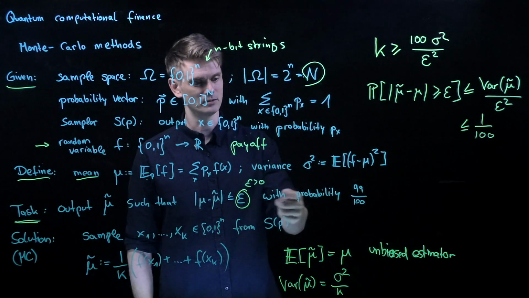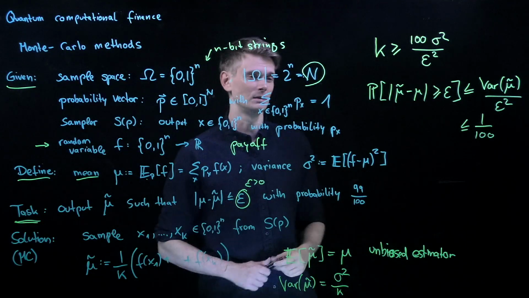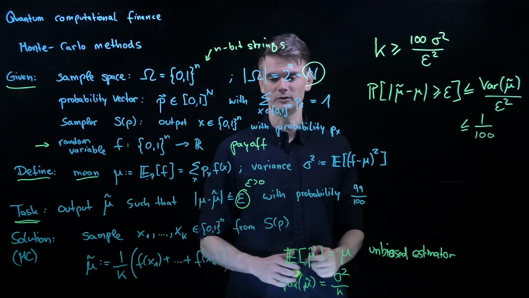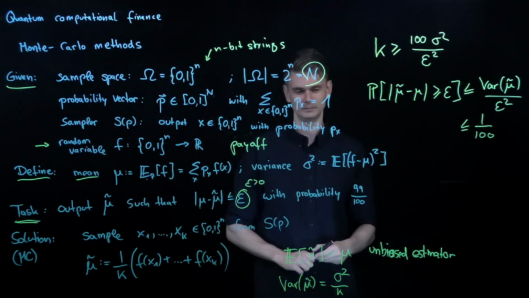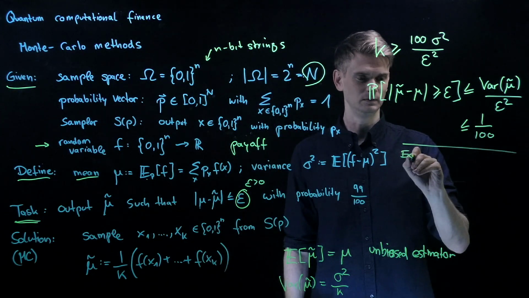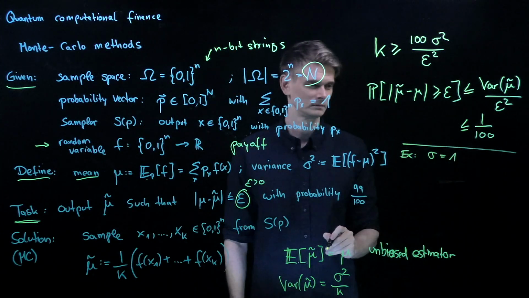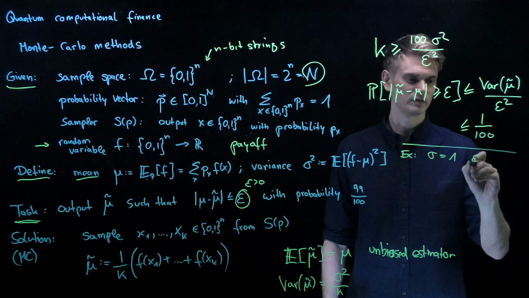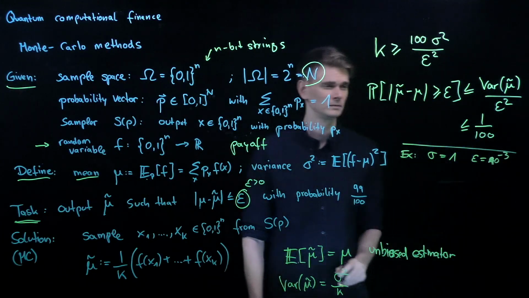That translates to a success probability of 99% for getting an estimator that is epsilon close to our desired value. We can look at a simple example. Take sigma to be 1. Say we want an accuracy epsilon of 10 to the minus 3.